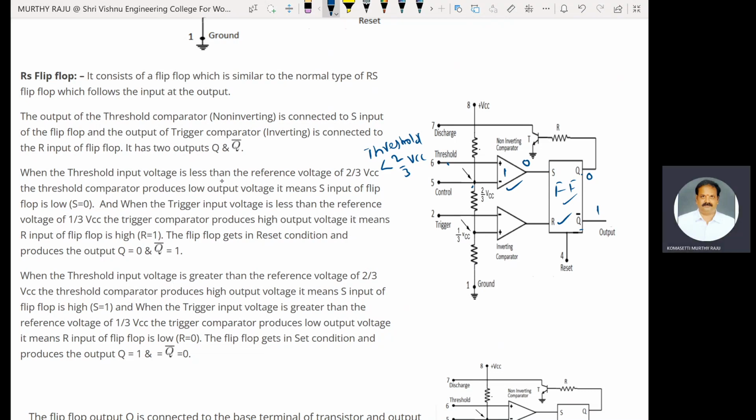When the threshold input voltage is less than the reference voltage, the threshold comparator produces low output voltage, so S is equal to 0.